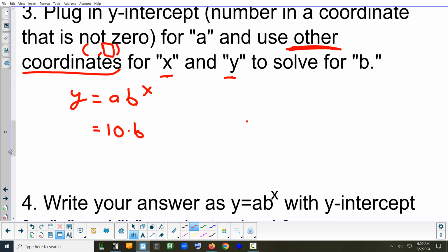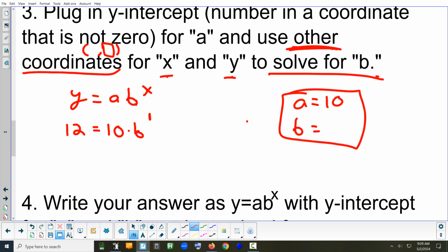So x is going to be 1, y is going to be 12. And now, solve that for B. So when we're done, off to the side, we're going to know these 2 things. We already know the first one. Okay, so when you solve it, let's start on the right-hand side.